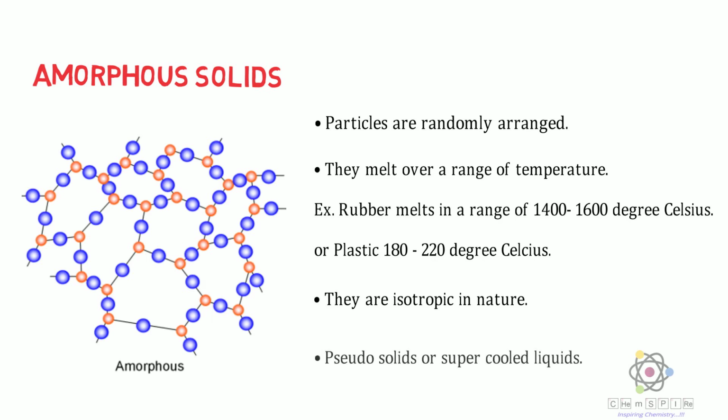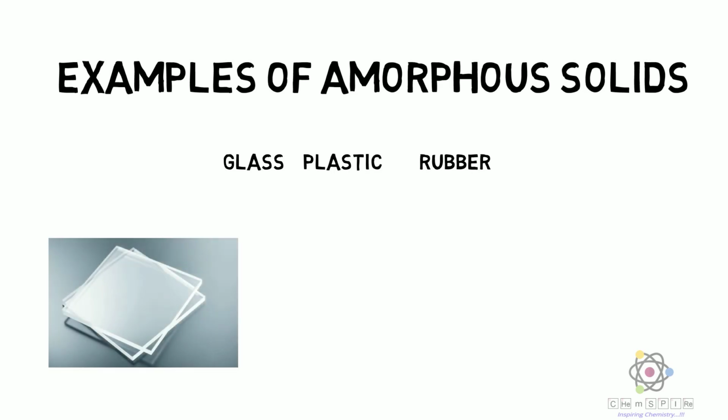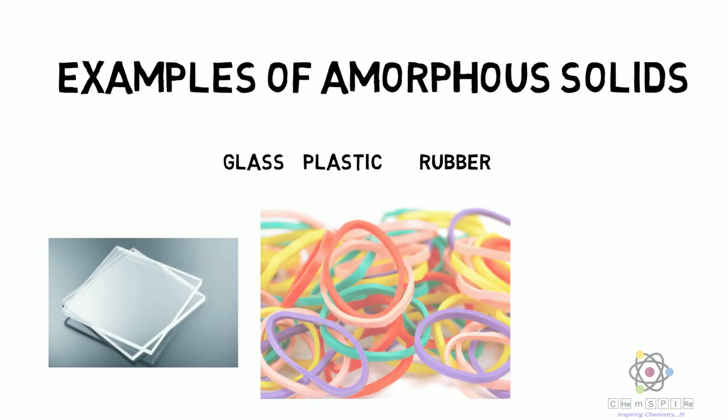And the last is they are also known as pseudosolids or supercooled liquids, as they have a tendency to flow. Now what are the examples of amorphous solids? Glass, plastic, and rubber are different examples of amorphous solids, as you can see in these images.